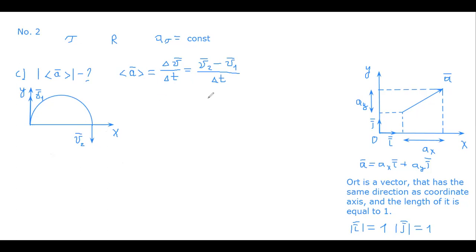And to write these vectors v1 and v2 by formula, we have to set orths I and j. Maybe someone can write a formula to define vectors v1 and v2.